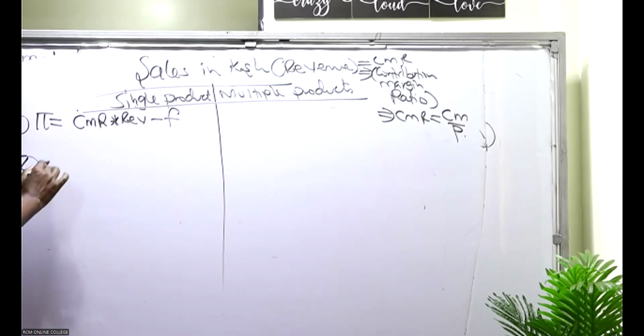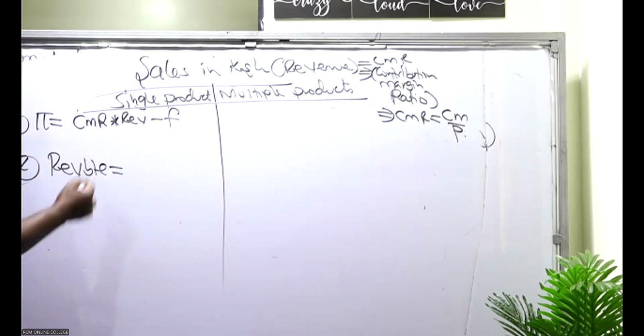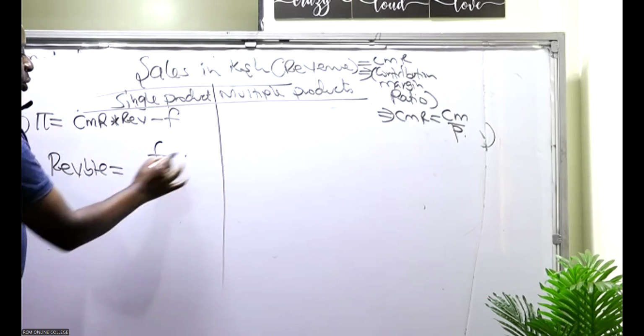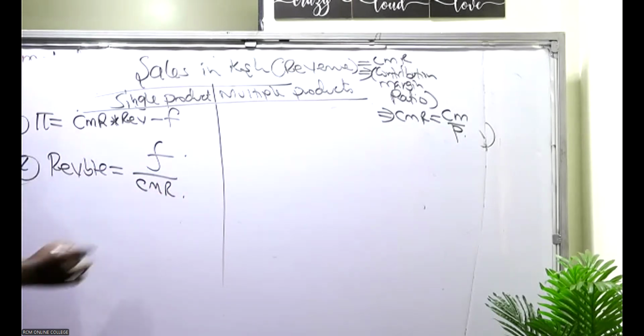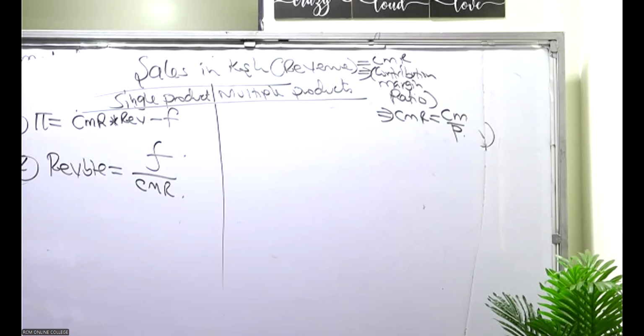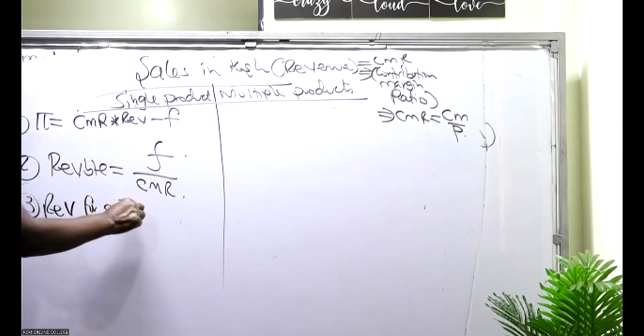Number two, we have what we call revenue break even. How do we get it? Very easy. You take fixed cost over CMR. And number three, you may be interested in revenue for a target profit.